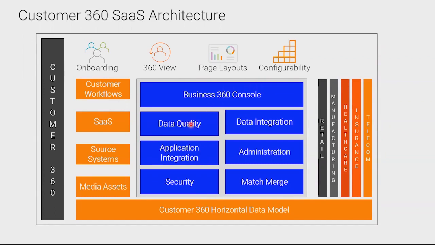You have your data quality, data integration, pulling the data from the source systems and putting it into MDM SaaS or the Customer 360 application. You would have CAI, or cloud application integration, if you have use cases for external APIs or publishing. And then, of course, it's the bread and butter of MDM, the match and merge and security.